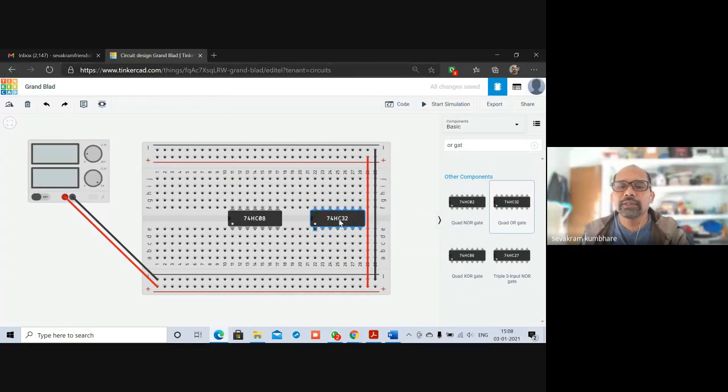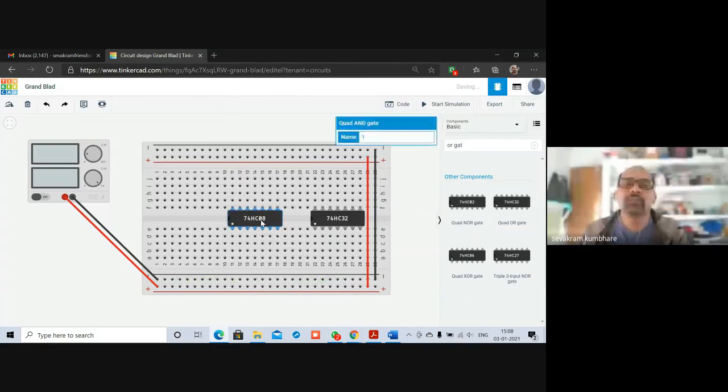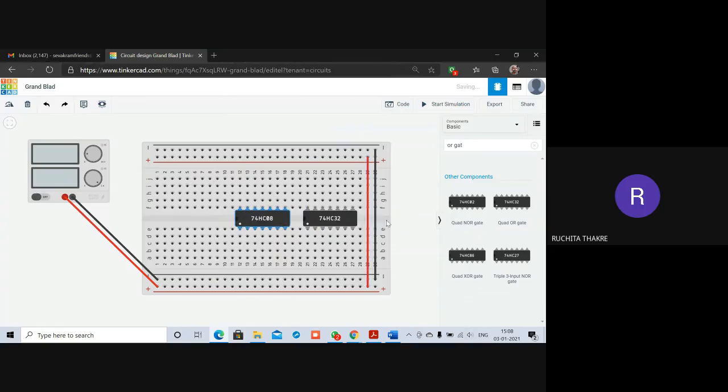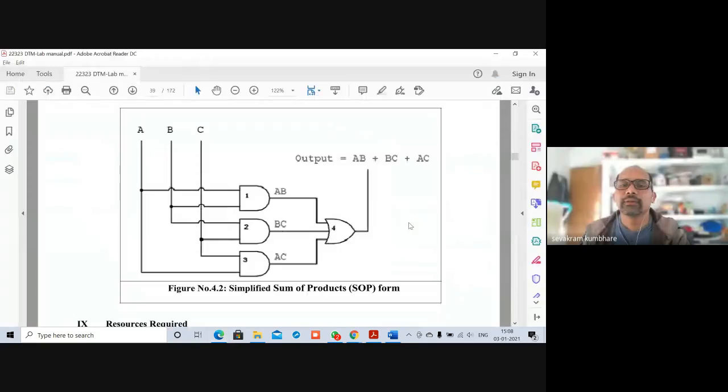Okay, but this is a 2-input OR gate. We want a 3-input OR gate. Okay, I will show you how to do such things.